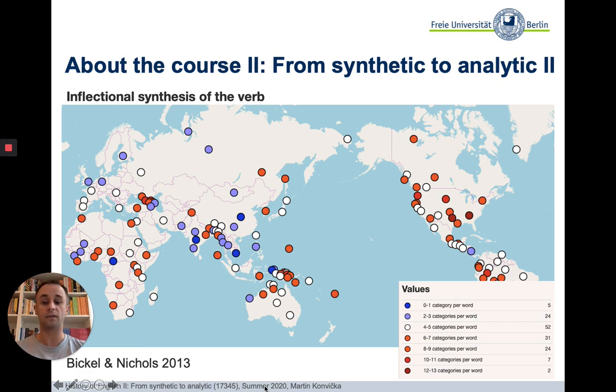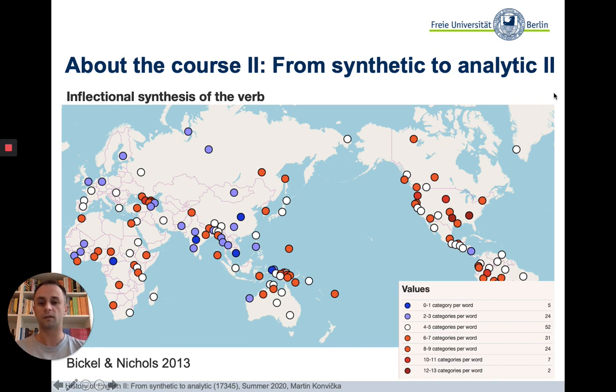If you look at the different languages of the world, you see that they are synthetic or analytic to different degrees. So these red dots refer to languages that are highly synthetic, at least in the verbal sphere, and the blue dots and the white dots refer to languages that are not as synthetic.